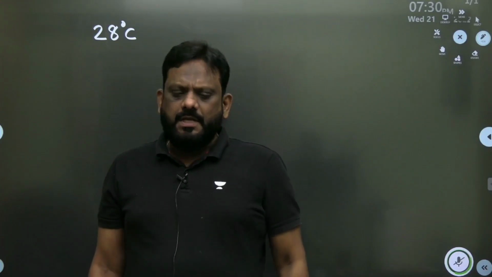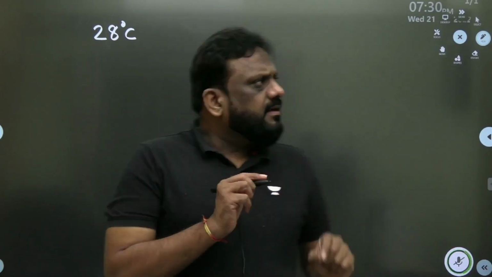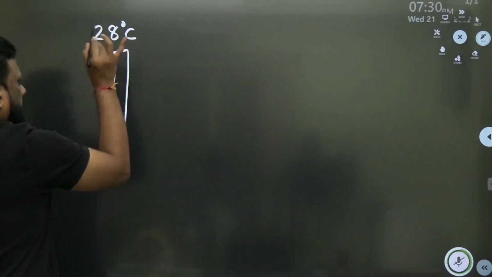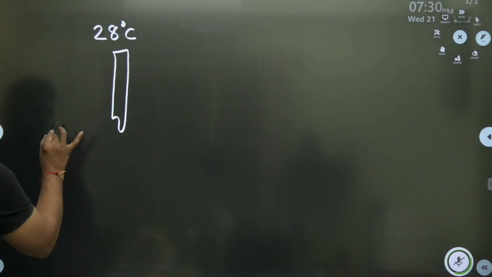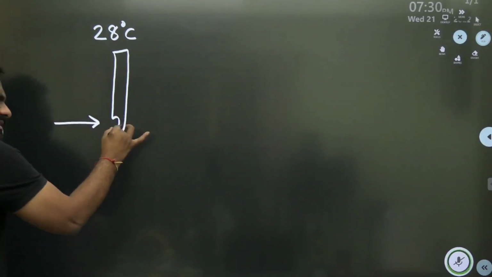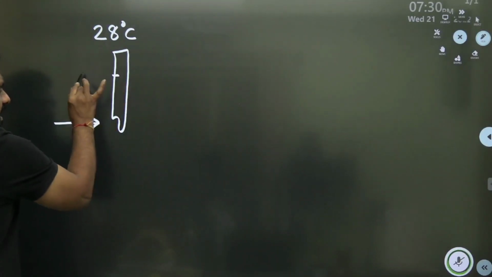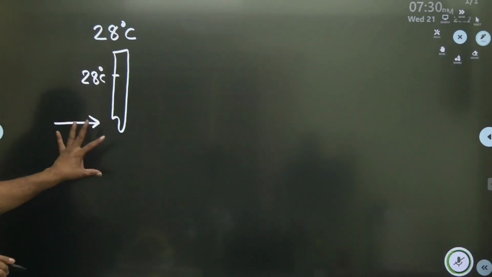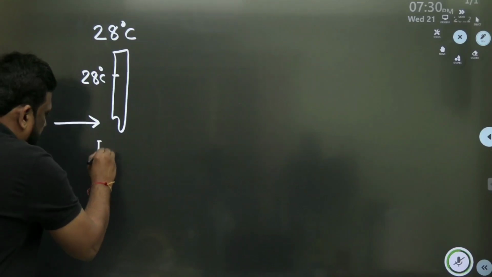My dear students, this is the thermometer. Air is flowing over this. It is absolutely dry, nothing is covered on it, and let us say it is recording 28 degrees centigrade. This is your DBT, that is dry bulb temperature.